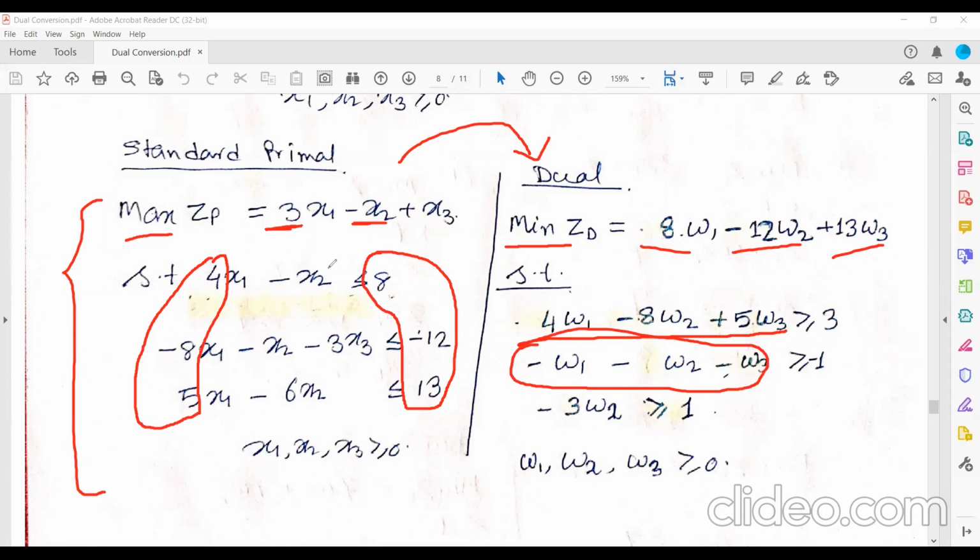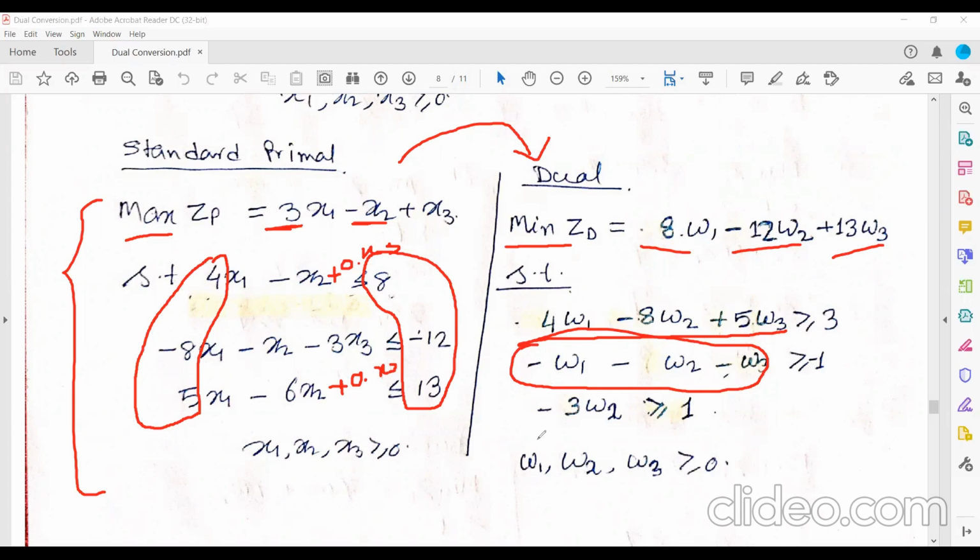Next, another one. Here there is no x3 in the objective, so we can write 0 into x3. Then take the coefficient of x3 in column form: 0W1 minus 3W2 plus 0W3.